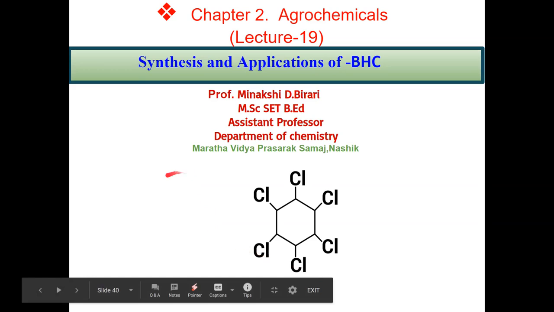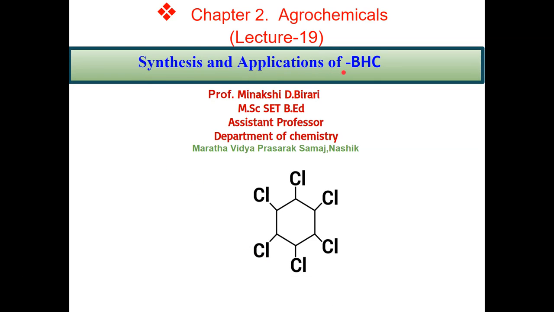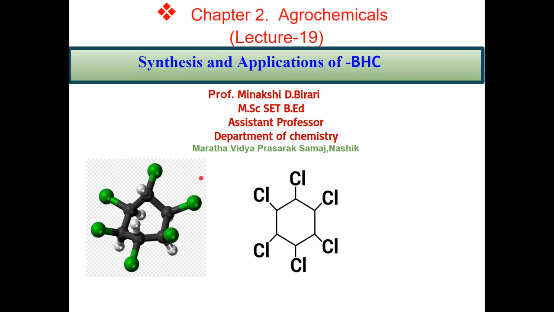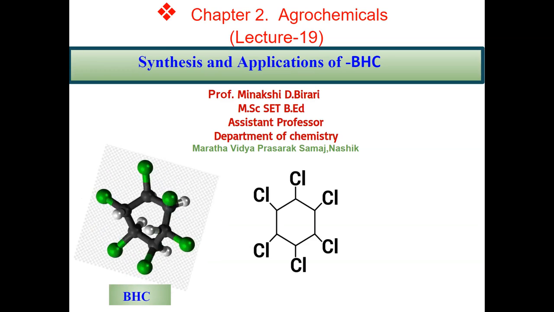Now in today's lecture, we have to study the synthesis and applications of the agrochemical BHC, that is benzene hexachloride, its properties and uses in detail. So let us begin.